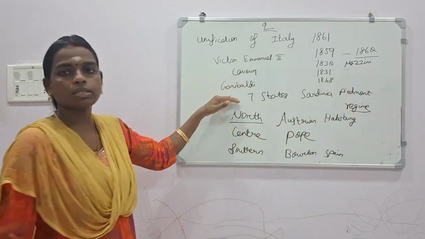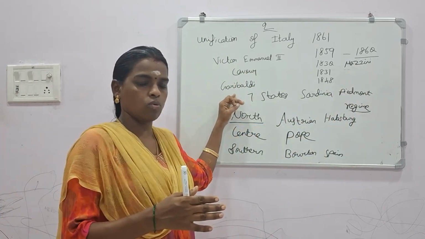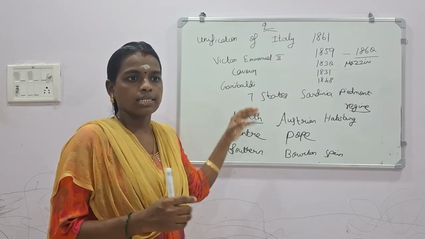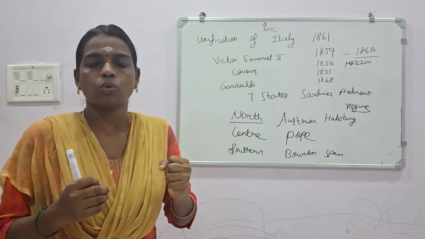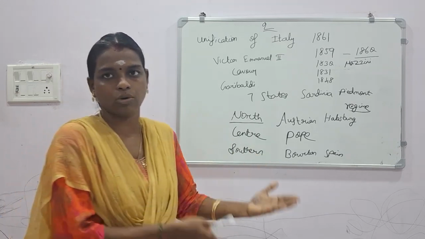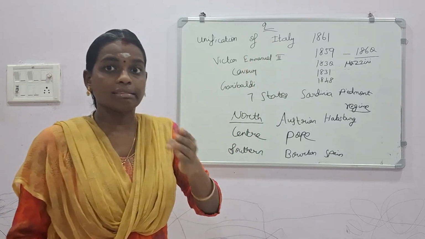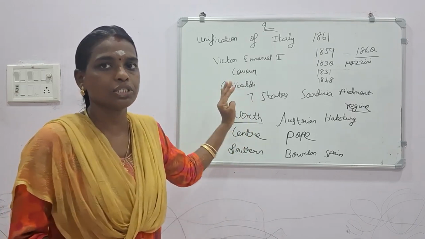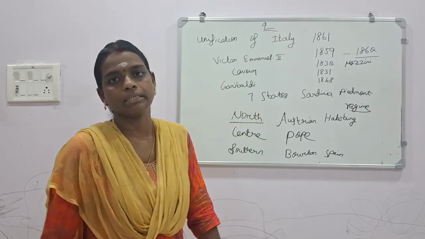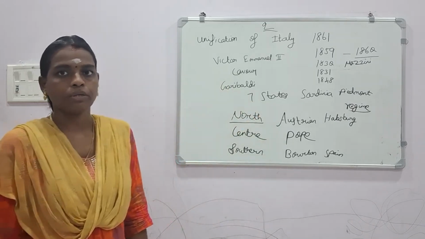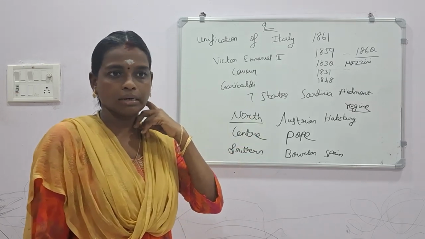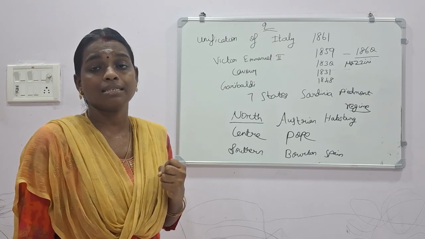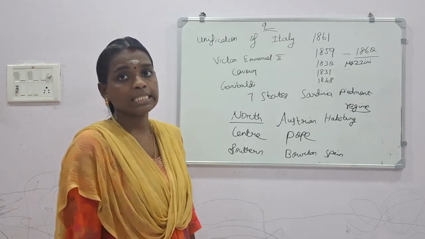Garibaldi led an armed rebellion, with soldiers coming forward to revolt for the unification of Italy. He got support in Italy, and finally the unification became successful in 1861.